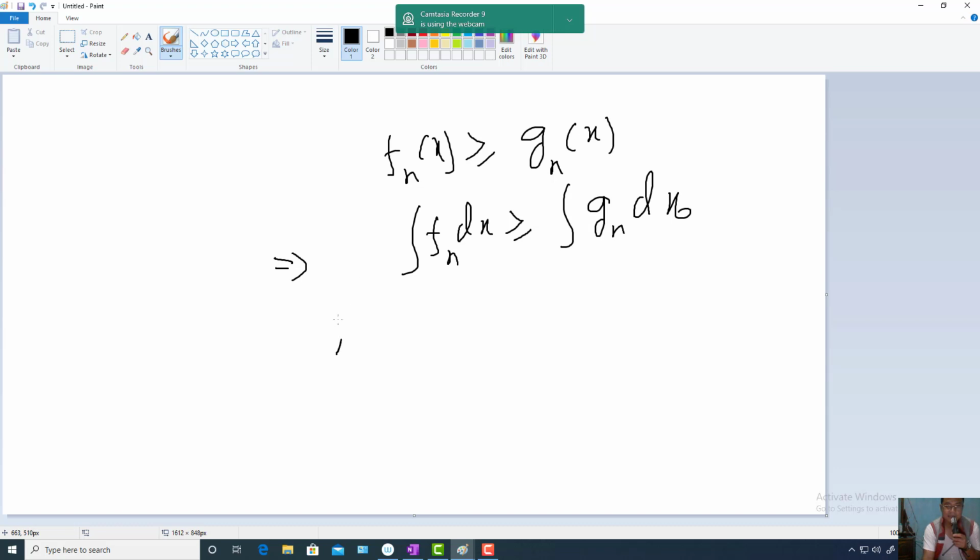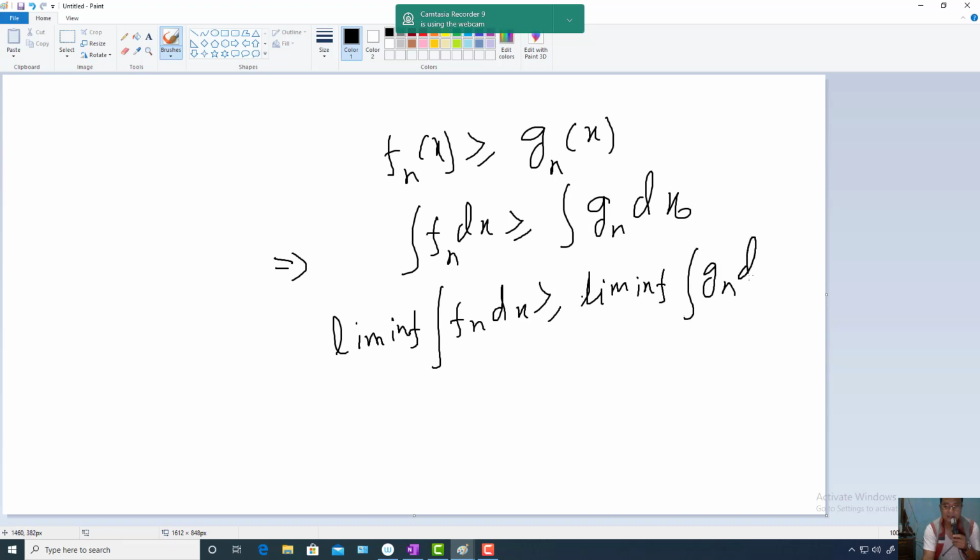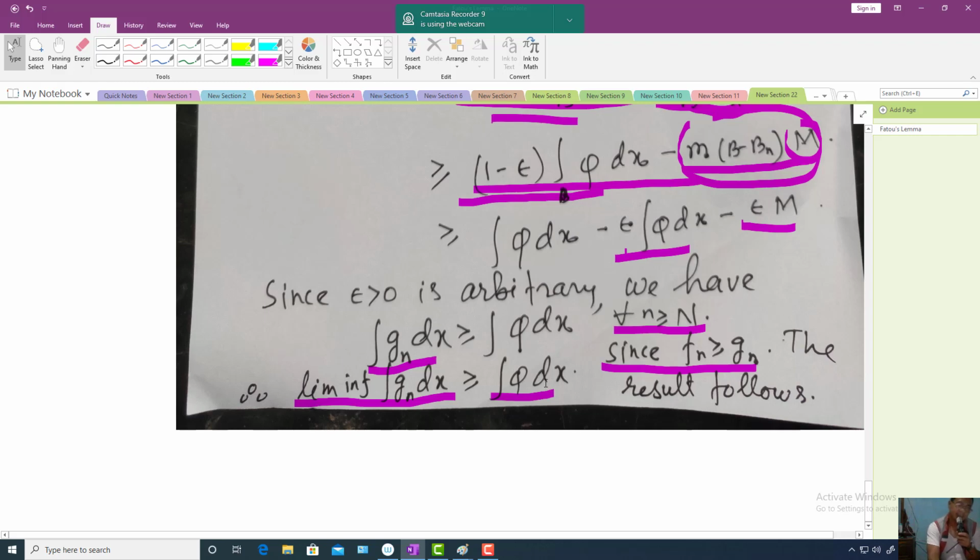If you put the limit infimum here, the inequality doesn't change. The integral of fn dx is greater than or equal to the limit infimum of the integral of gn dx. But this one is greater than what we have here, the integral of phi dx. So that is inequality number 1. The inequality number 1 holds.